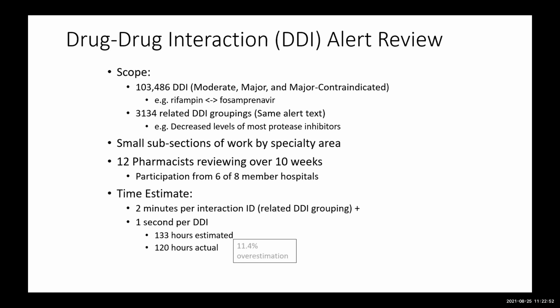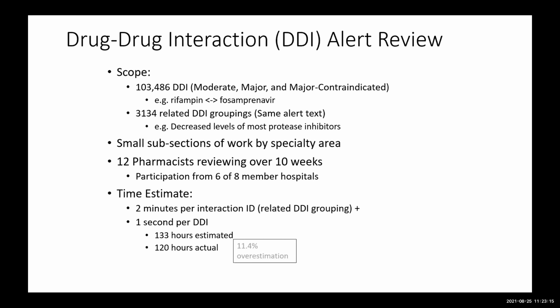As far as the comprehensive review, we did end up reviewing over 100,000 DDIs, including all the moderates, majors, major contraindicated at the time. Which was a daunting task. We did so by grouping it into just over 3,000 related groupings that share the same alert text and thus the same mechanism of interaction.